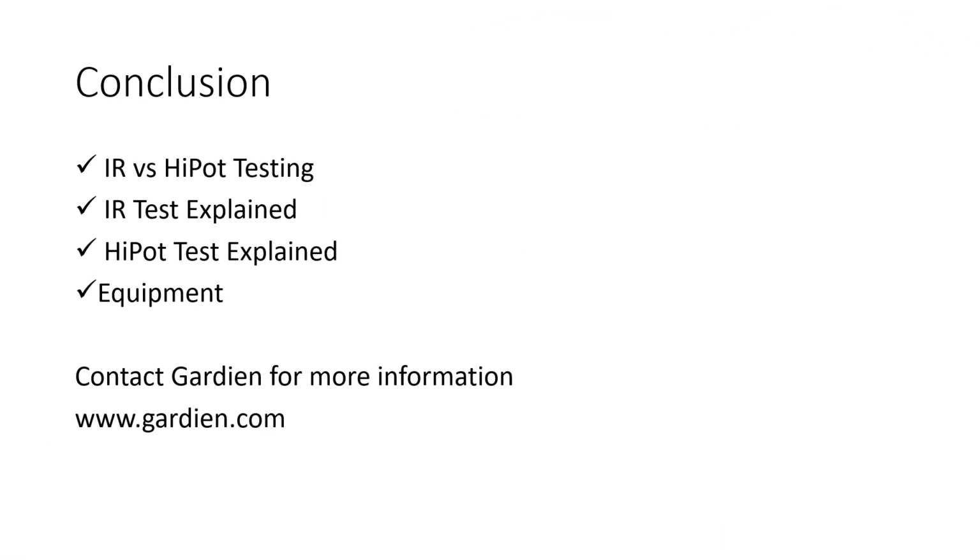So with that, that kind of wraps up what we were going to talk about for today. The IR versus Hipot, we talked about that. We kind of explained more in depth what the IR test is. We also explained more what the Hipot test is.